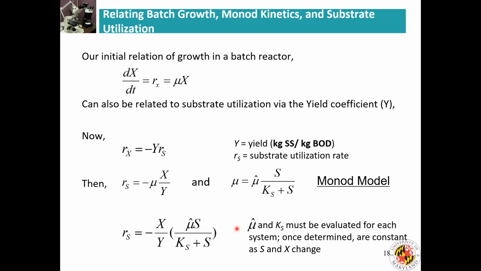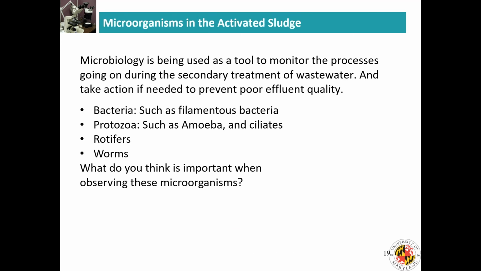So for each system, we first have to measure the mu max and saturation constant, and once we measure these two, these are going to be constant the whole time, and then the variable is going to be the cell concentration. To connect this presentation with our next presentation, which is more about lab tools, I just want to mention that, as we saw, microbiology is a very useful tool to monitor the processes in activated sludge in a wastewater treatment plant, and to figure out if we need to do anything to prevent poor effluent quality or not.